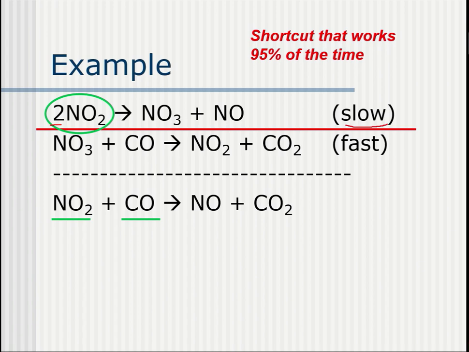Well, right now in this situation, there are two nitrogen dioxides above the red line, and there are no carbon monoxides. Well, that means, and here's where it becomes kind of cool, as a quick step that works 19 times out of 20, that NO2 is raised to the second power because there's two of them above the red line, and carbon monoxide is to the 0th power because there are none of them above the red line. So it's just a quick way to do that.